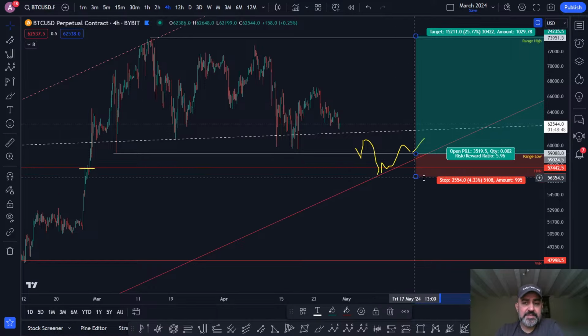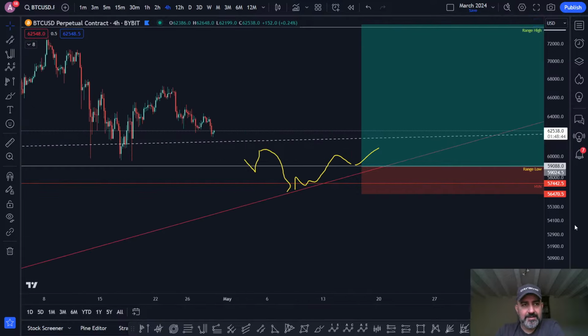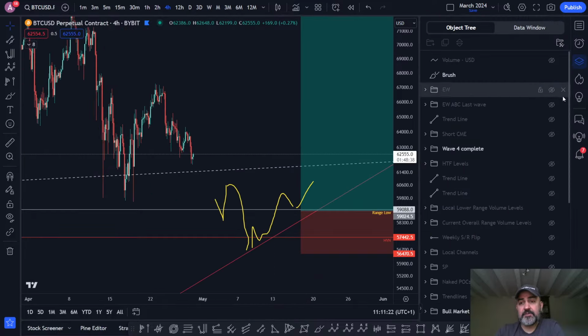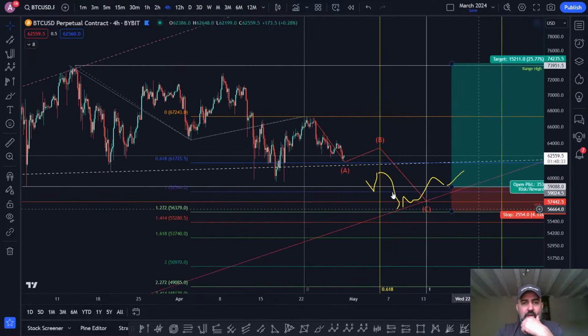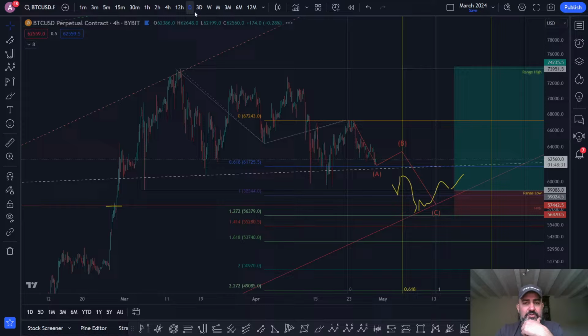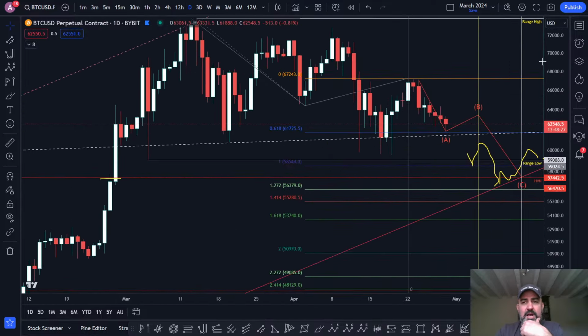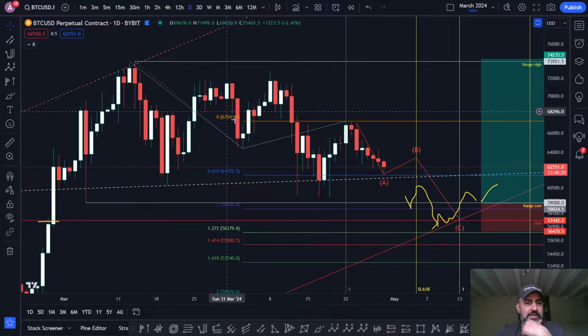So I think this is probably the best setup, but I am expecting some kind of potentially another ABC down here, and that's kind of what I was alluding to. If I've counted this correctly, and I'm basically counting this from high to low, so A, B, C, I'm doing from high to low, to high, to low, to high, to low, to high to low.